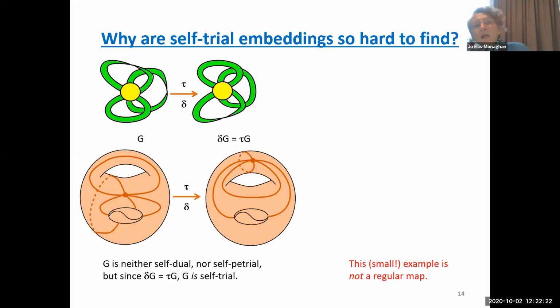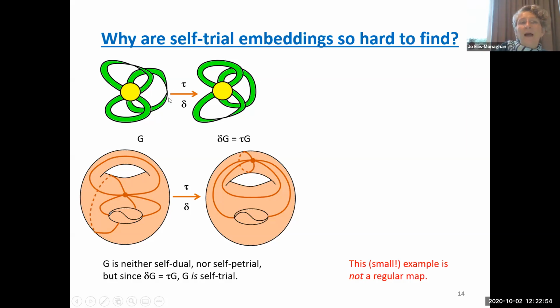Okay? So here's an example. It's not a regular map. It turns out that these huge graphs that we just saw were the smallest regular map examples. If you give up the regular map requirement and just look for self-trial graphs, the smallest one only has 3 edges. It's this little tiny thing. It's very cute. So here's the smallest example.